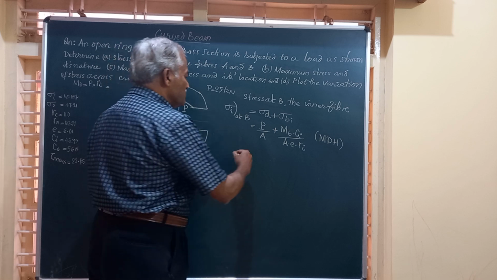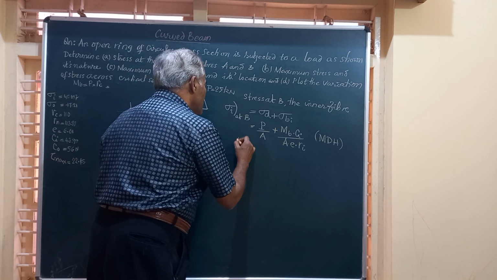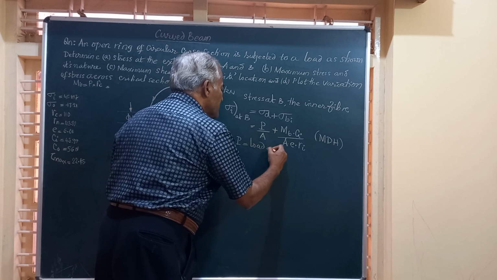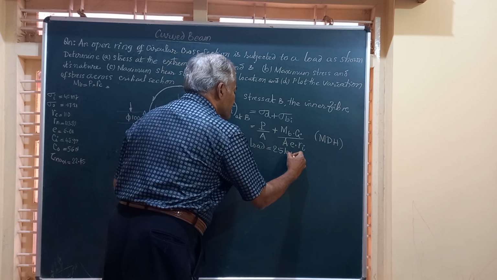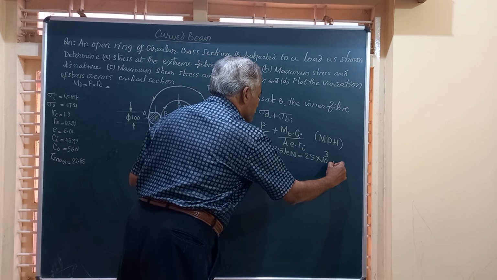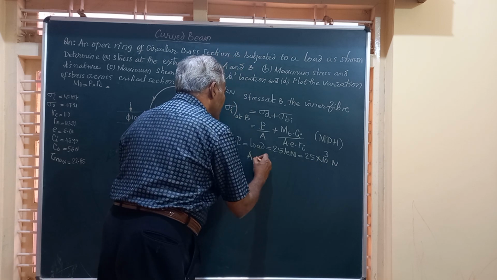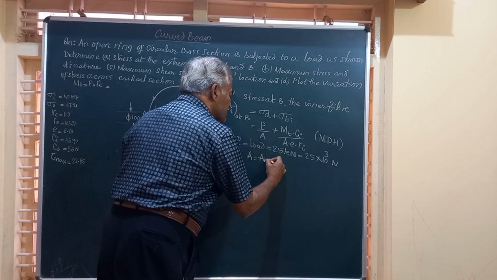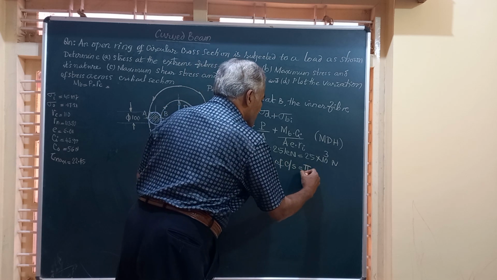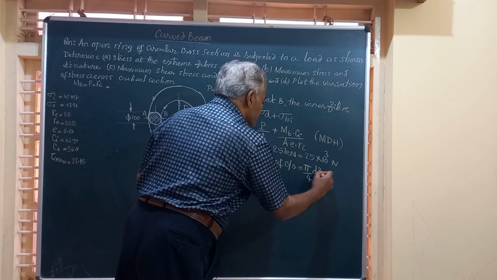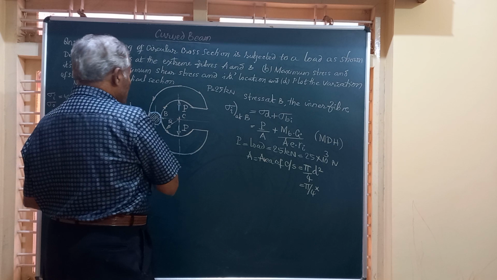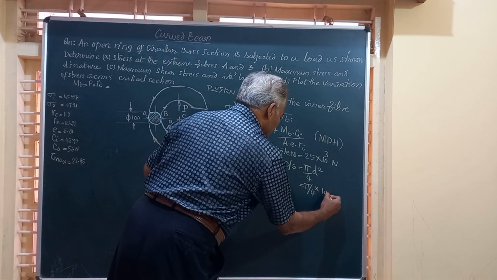Friends, what are these values? You just write down. P is the load. There is a tensile load here, that is 25 kilonewton, 25 into 10 to the power of 3 Newton. And capital A stands for the area of cross section, that is given by pi by 4 into d square, that is pi by 4 into diameter, which is 100, squared.